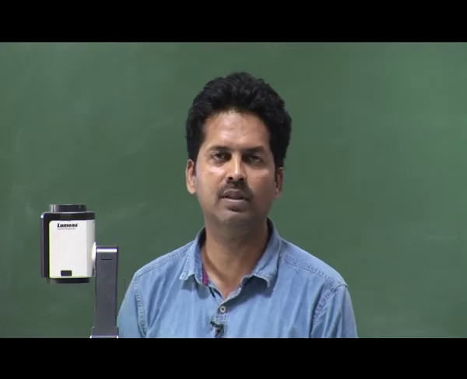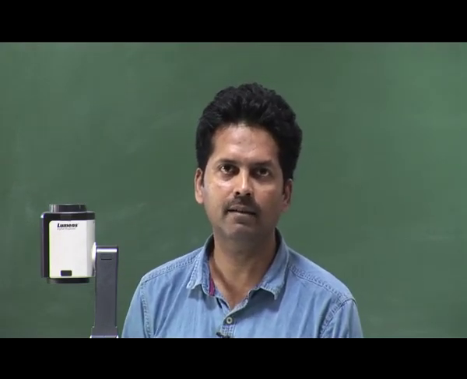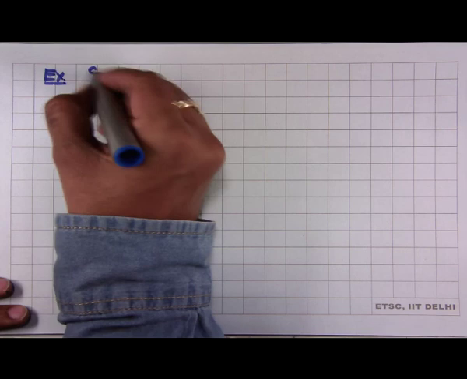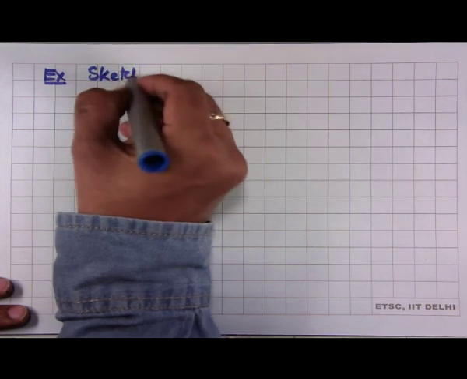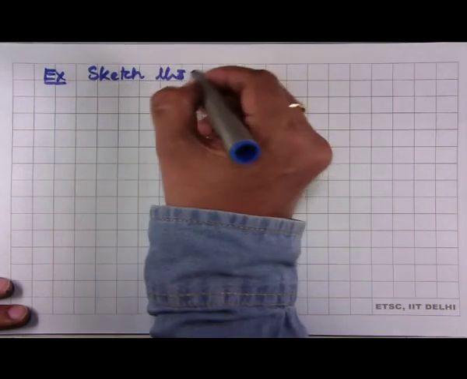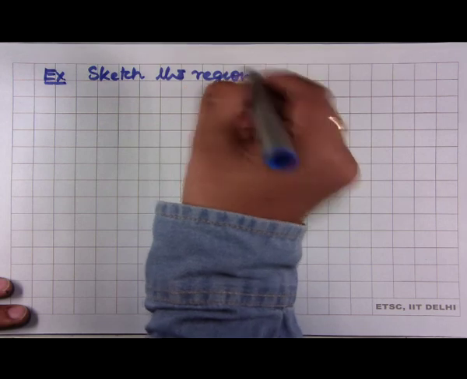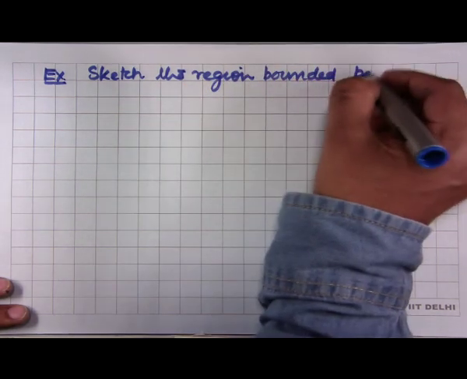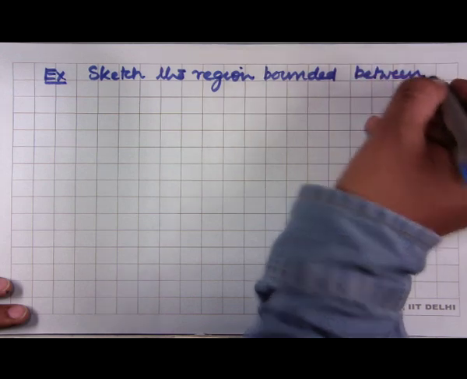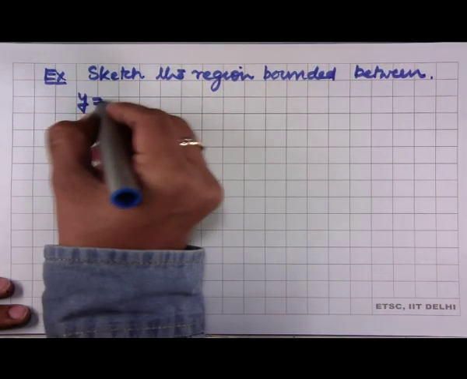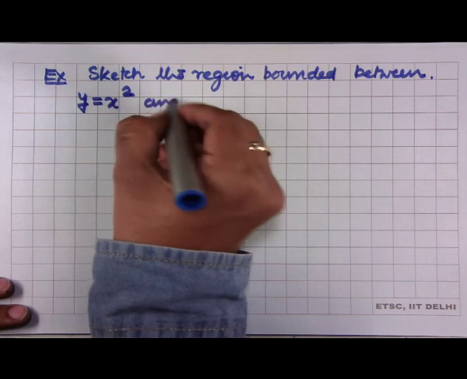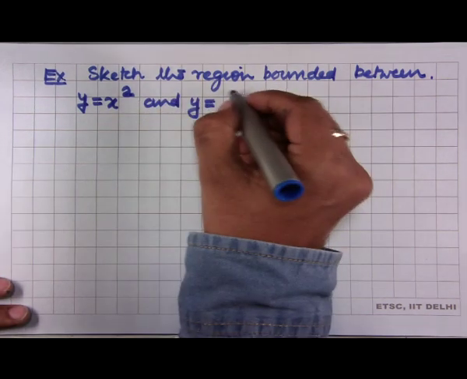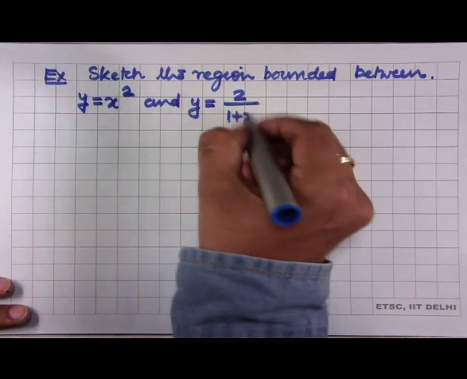Let us take one more example on area. Sketch the region bounded between y equals to x square and y equals to 2 by 1 plus x square.